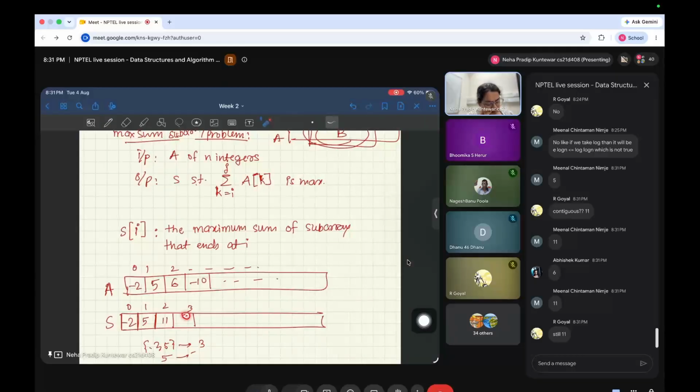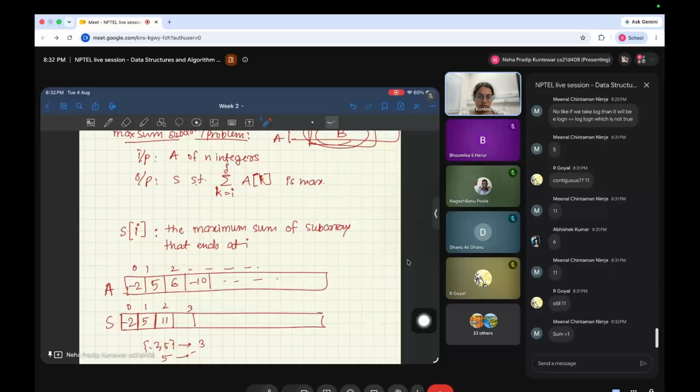Notice that you have to end your subarray at 3, so you have to include 3. You cannot exclude the element at 3. So in this case the sum is 1.